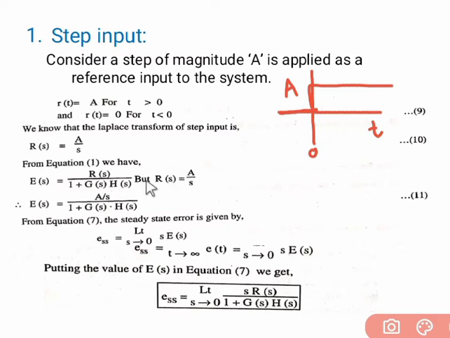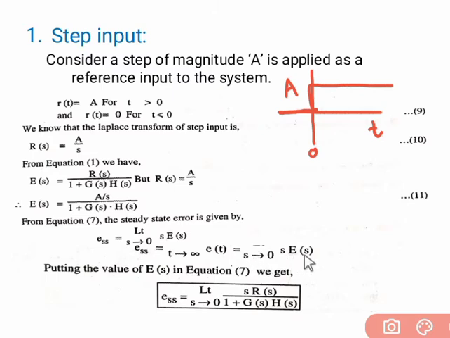So if we put the value of R(s) in this equation, it becomes E(s) equal to A by s divided by 1 plus G(s)H(s). From equation 7, the steady state error is given by e_ss equal to limit t tends to infinity e(t), which equals limit s tends to 0 s E(s).